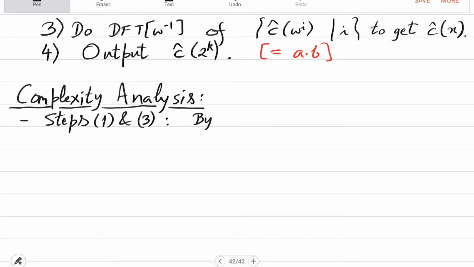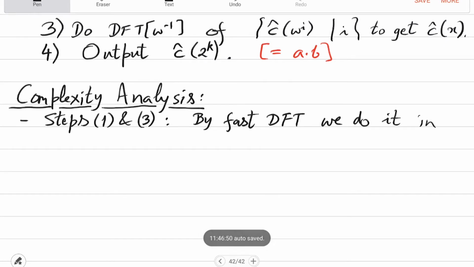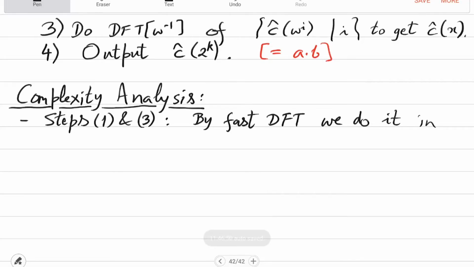So by fast DFT, in the first you talk about R operations. So how many R operations will this DFT take? How long are these vectors that DFT is being applied on? M. So this will take M log M R operations.